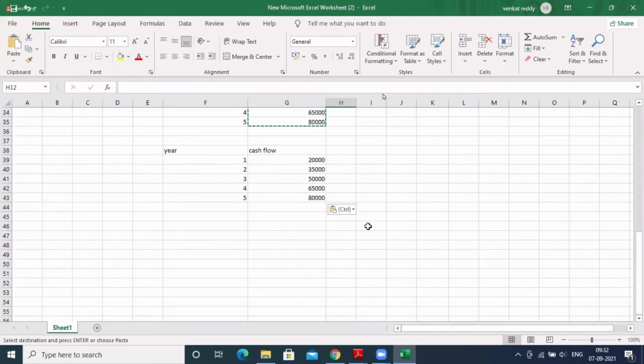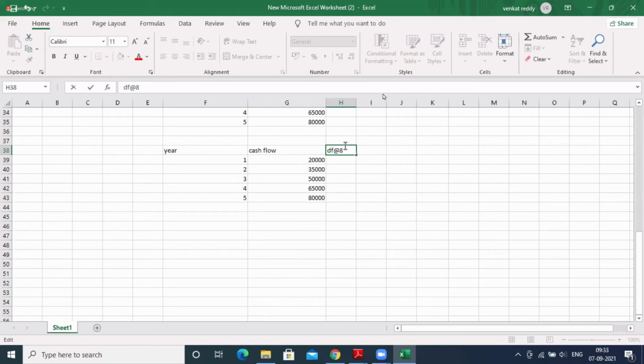Now carefully observe the discount calculation, because in order to convert a future cash flow into present value, we need a discount factor. So I am considering the discount factor at the rate of 8%.